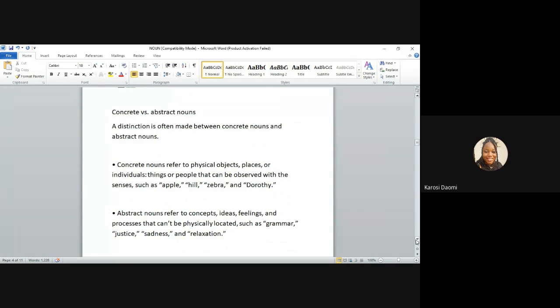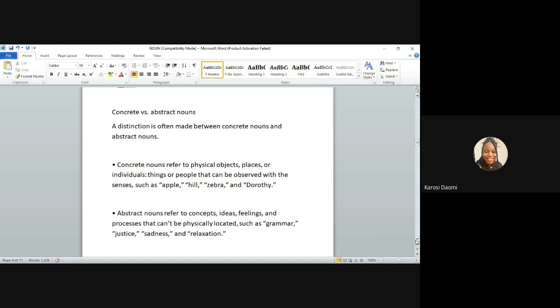Most abstract nouns are usually concepts or ideas. You don't define abstract nouns with people, places, things. No, they're usually concepts, ideas, feelings, and processes.